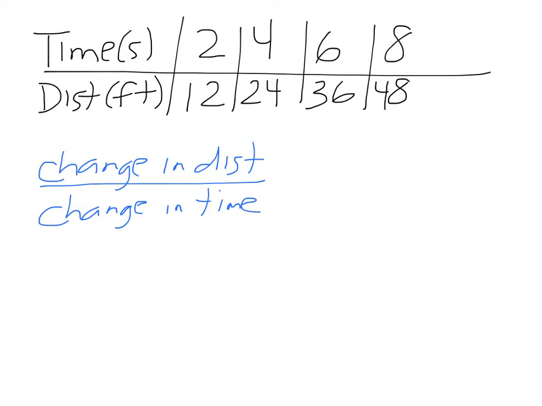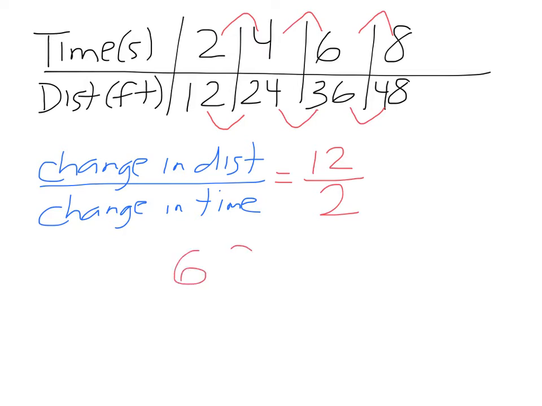And since the distance I travel depends on how long I've traveled for, distance will go on top. I notice that the distance changes every time I look at this. It's changing by 12 feet. And the time, every time it changed by 2 seconds. So what I end up getting then is that my constant rate of change ends up being 6 feet per second.